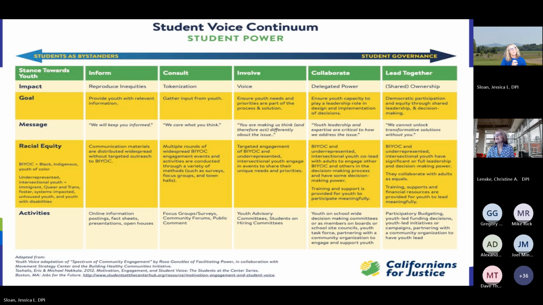The chart is related to youth engagement, and I like it because it highlights the importance of quality student engagement that can be applied to family members as well, really. It's challenging current methods of engaging students and asks, what is the reason that you're engaging students? Again, is it just to check a box?